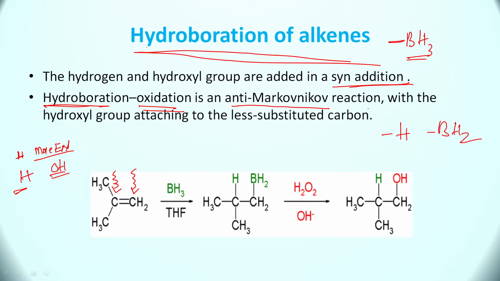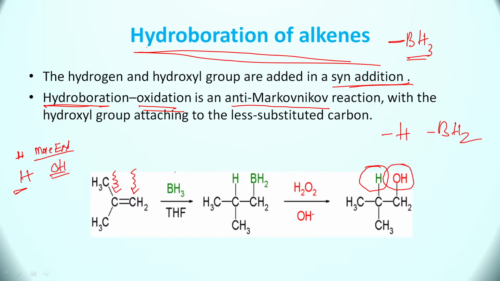According to Markovnikov rule, more electronegative element should attach with the more substituted carbon of the alkene, and less electronegative should attach with the less substituted carbon of the double bond. But here finally if you take the product, hydrogen is attached with the more substituted carbon, OH is attached with the less substituted carbon, so it follows anti-Markovnikov rule.